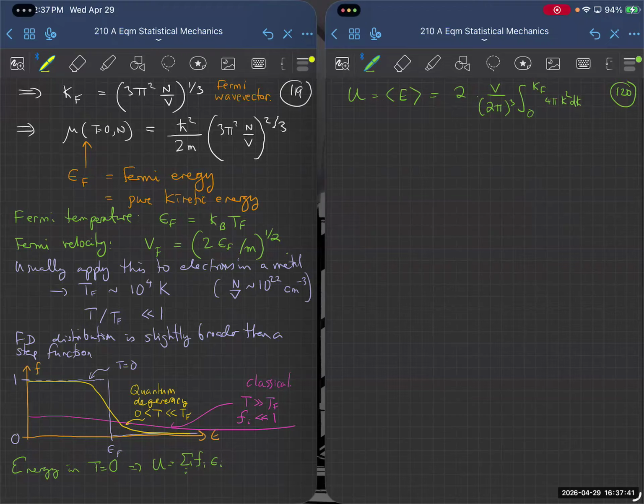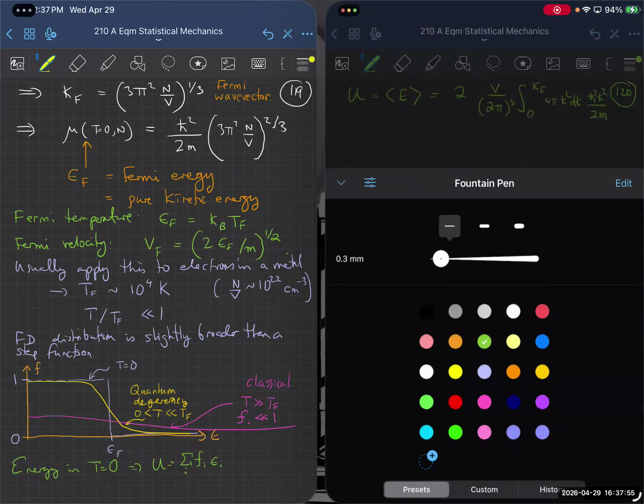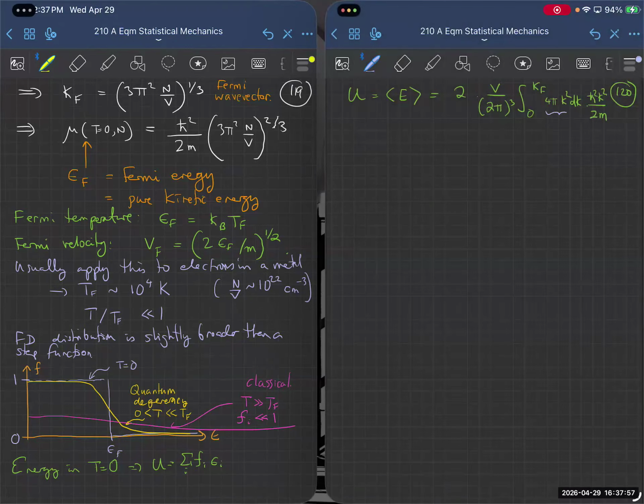That's just writing d3k. And then the integrand is h bar squared k squared over 2m. So this part over here is the d3k written in spherical polars. This thing here is the energy.